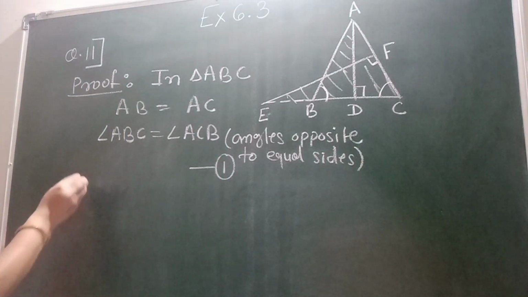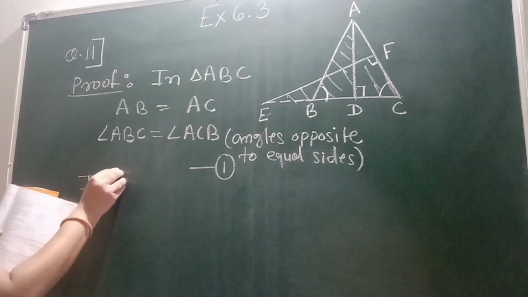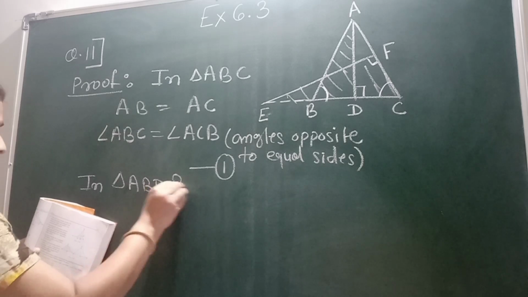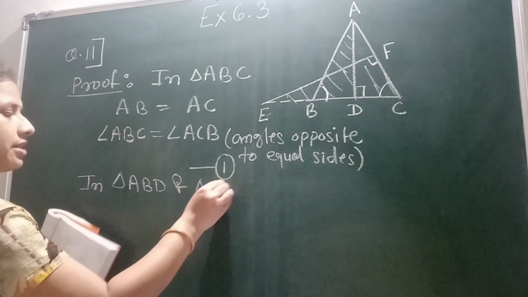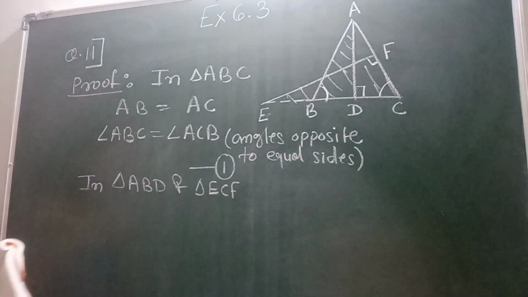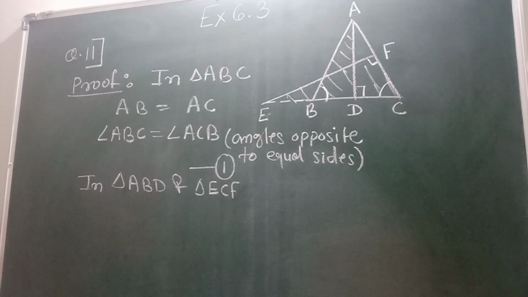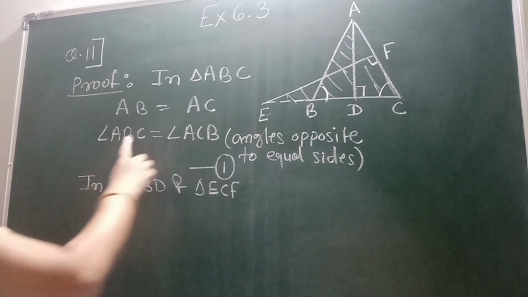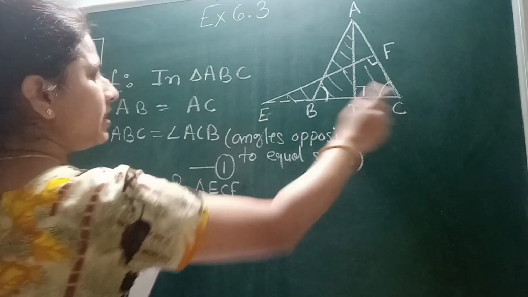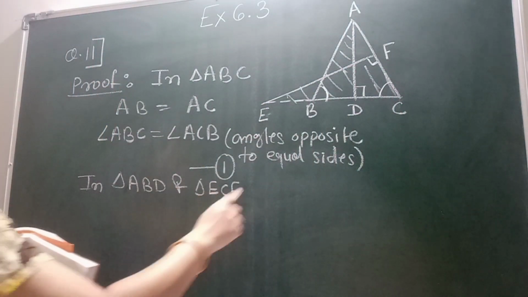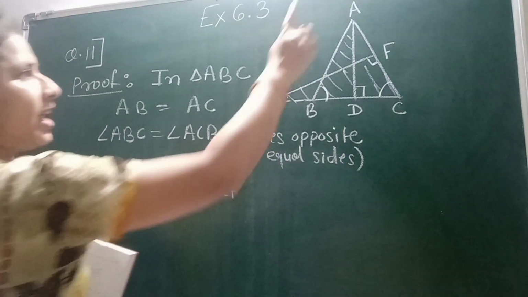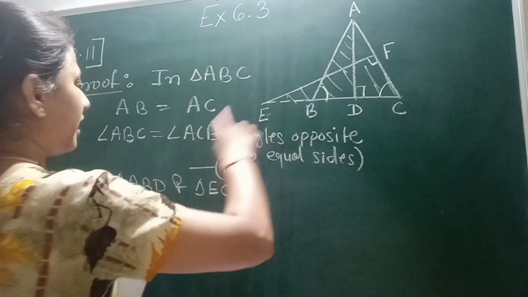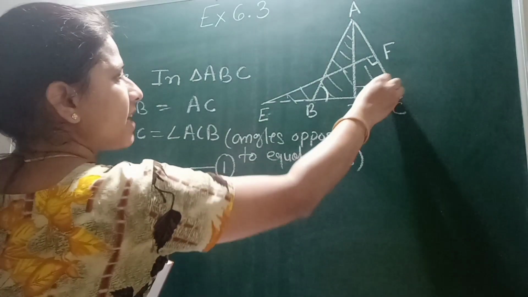Now we will take both the triangles. In triangle ABD and triangle ECF, let's see angle ABC and angle ACB, this angle.